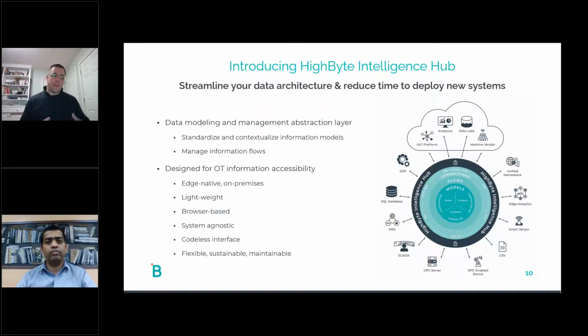The Intelligence Hub is an application. It's a lightweight application. It's browser-based, and it's completely codeless. So you're able to go in, create connections to all these different systems, aggregate the data in, model it, and then send it out through an application.